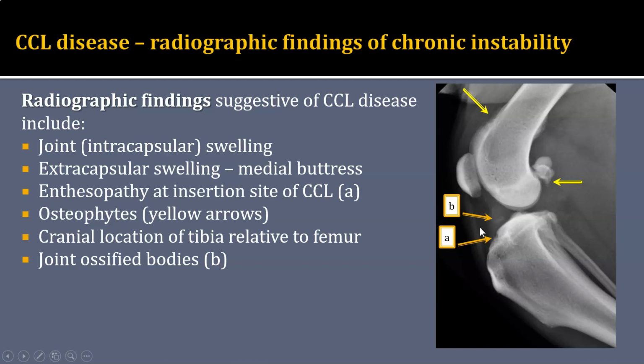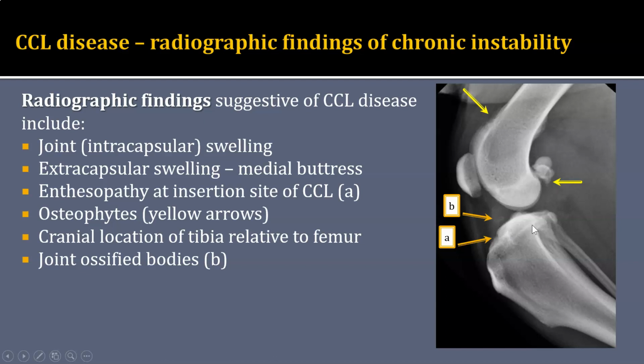of the stifle joint. And when we see these ossified bodies, most of the time it's probably from dystrophic mineralization of the cranial cruciate ligament or perhaps of the joint capsule. It is possible that where the cranial cruciate ligament inserts, it may have caused a little avulsion of bone when it ruptured, or it's possible sometimes that these periarticular ossified bodies are broken off osteophytes.